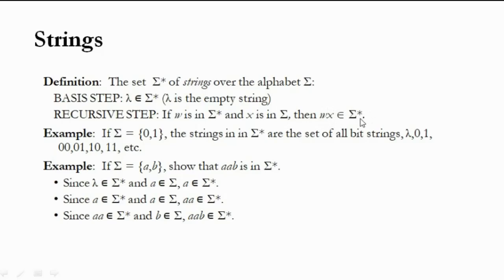the characters. So if sigma is equal to {0, 1}, these are the set of characters, or we can say these are the set of alphabets available in this sigma, then the strings in sigma star are the set of all bit strings. That means whenever you say star, what can be included? You can also include a null character.